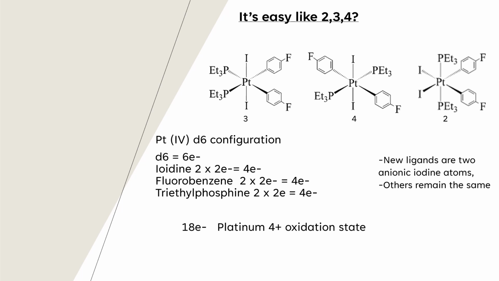We also have the D6 configuration only giving us 6 this time as opposed to 8, but we still have the 2 fluorobenzenes and 2 triethyl phosphines, which will give us 4 electrons each, which adds up overall to 18 electrons. And in this case, the 2 new iodine atoms are anionic ligands. All the others remain the same, so this will give us a 2- charge on top of what we already had, so our platinum atom will become +4 in its oxidation state.